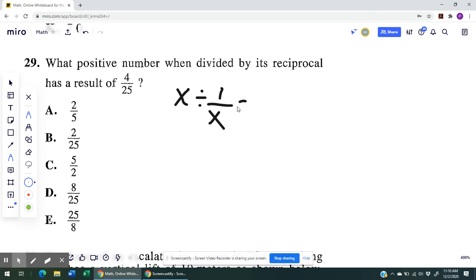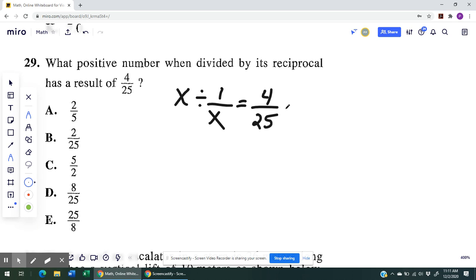The result means we use the equal sign. And I made a mistake already, which we do not want to do. And the result is 4 over 25.